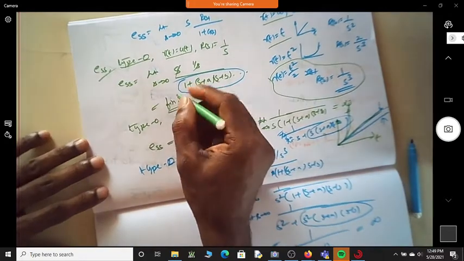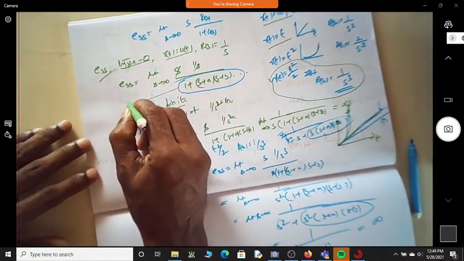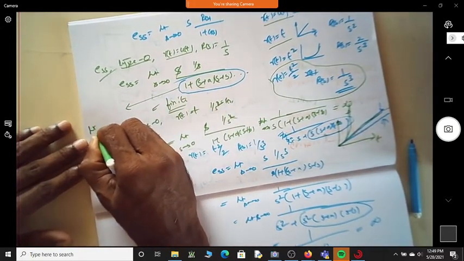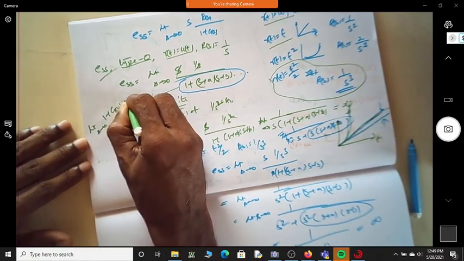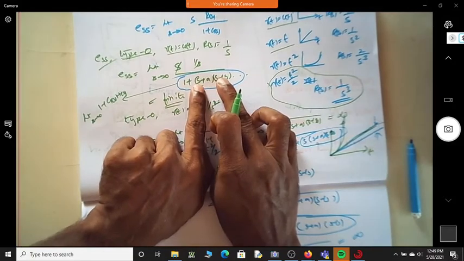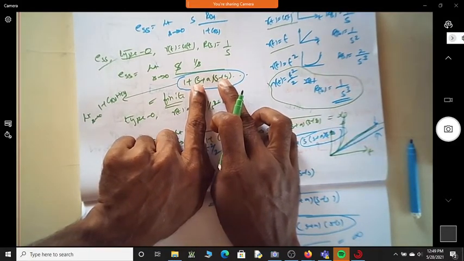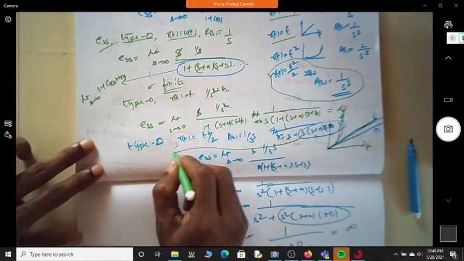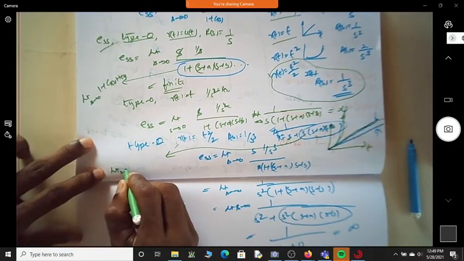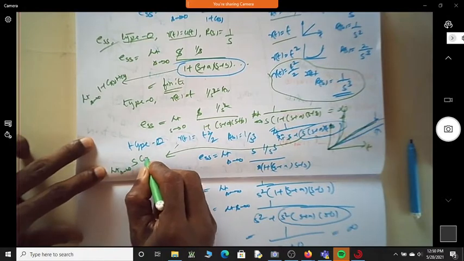So what we'll do now is, do we have it as limit of s tending to 0, 1 plus g of s into h of s? Yes, sir. Exactly. And over here, shall I write this as limit of s tending to 0, s into g of s into h of s?